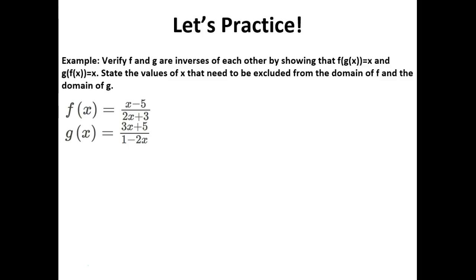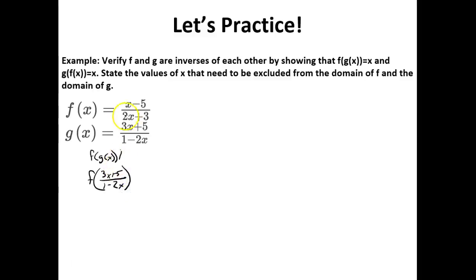Some more practice with this. Verify that these are inverses of each other by showing that when we put g of x into f, we get back to x. So if I take something, put it into g, I would get out this right here. So for f of g of x, when I put something into g and follow these directions, I get out the 3x plus 5 over 1 minus 2x, and then put it into f.